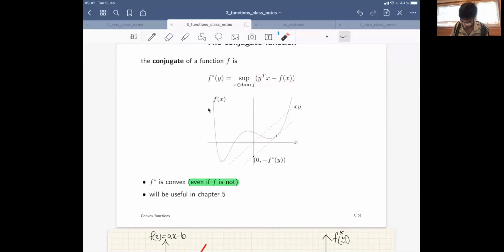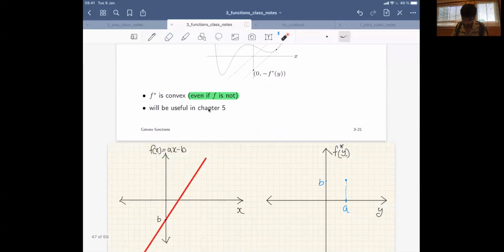So maybe for this case, if you consider a point here, what is the maximum distance between this line and this function? So here it is this one. Okay, so at this point we have this distance, so that is the supremum value of the function.